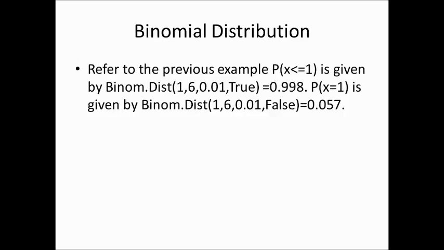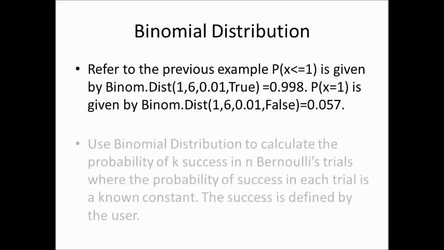Now if we set the 4th field as false, putting in binomial distribution parameters 1, 6, 0.01, and false, we get a value 0.057. This represents the probability of getting exactly 1 defective in a sample of size 6, where the probability of success in each trial is 0.01.